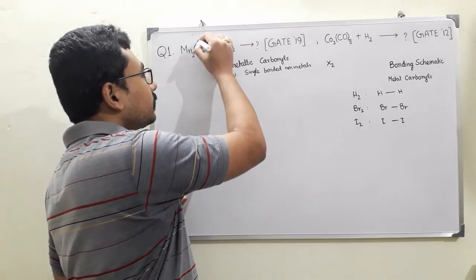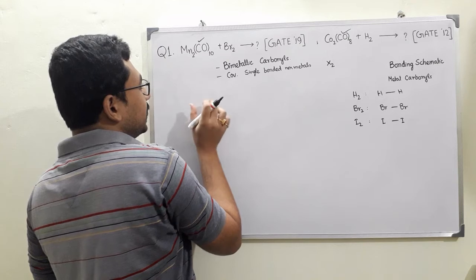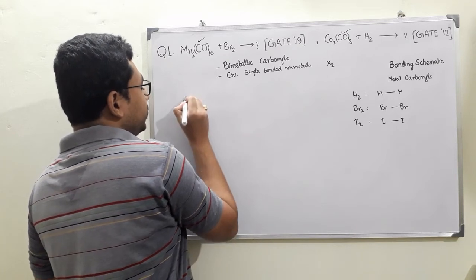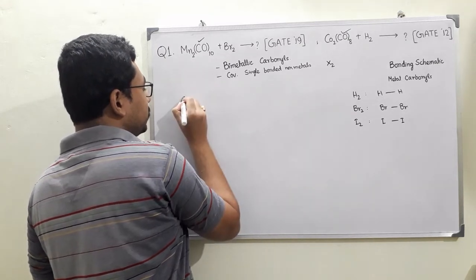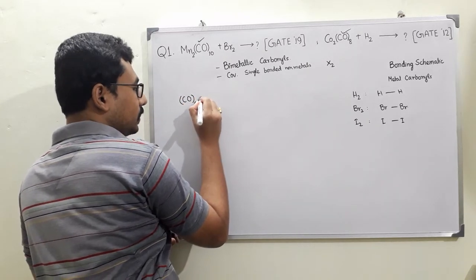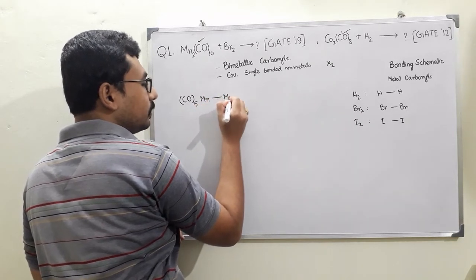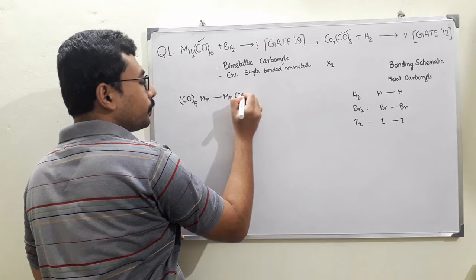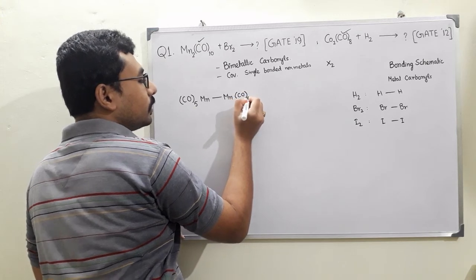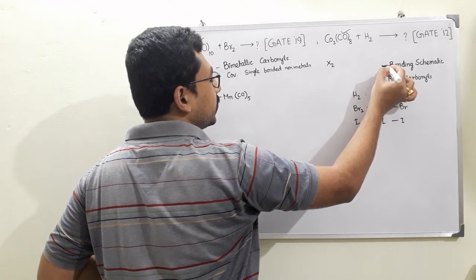So what we need to do is, once you know the bonding schematic of these two metal carbonyls, you would have to write them in the open form, right? Like this one I will write like (CO)5Mn single bond Mn(CO)5. This you must have known from the bonding schematic topic, right?